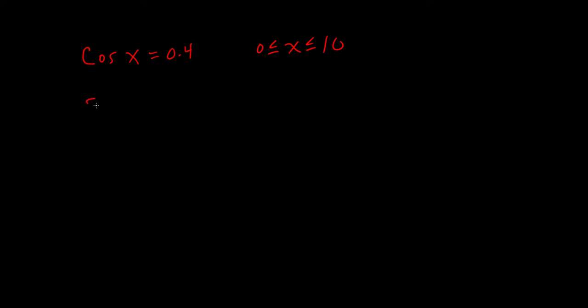Now we have 2 sine x minus cosine x equals 4 minus x. We want to go from 0 to 2 pi.